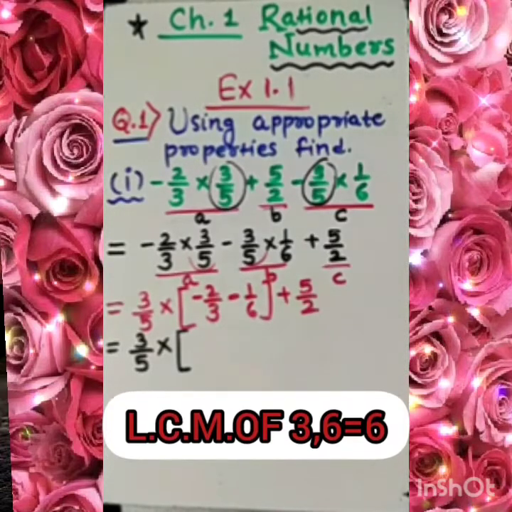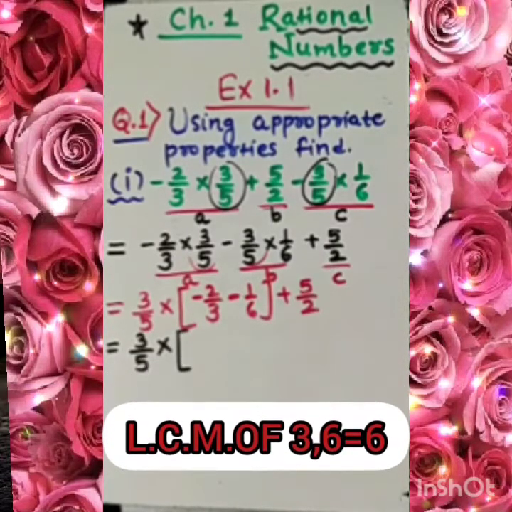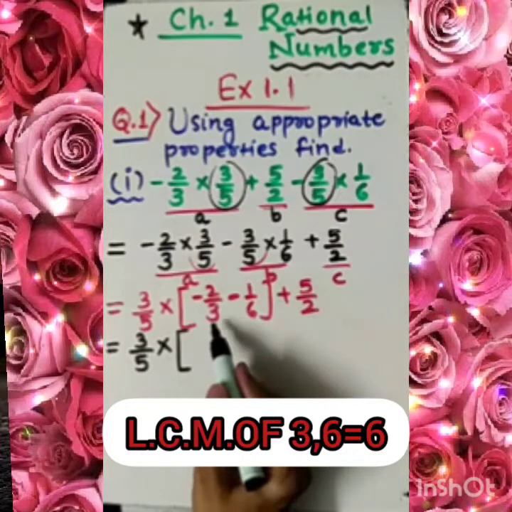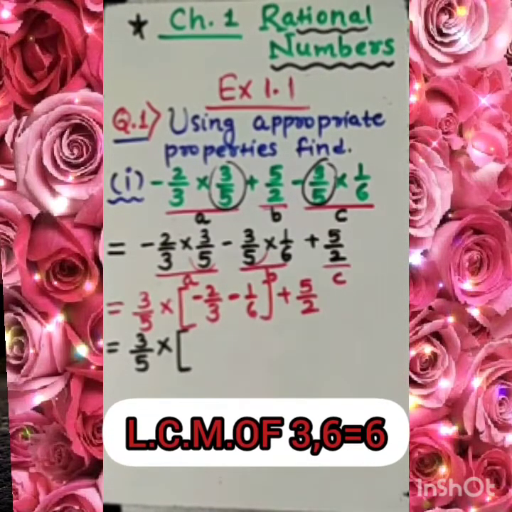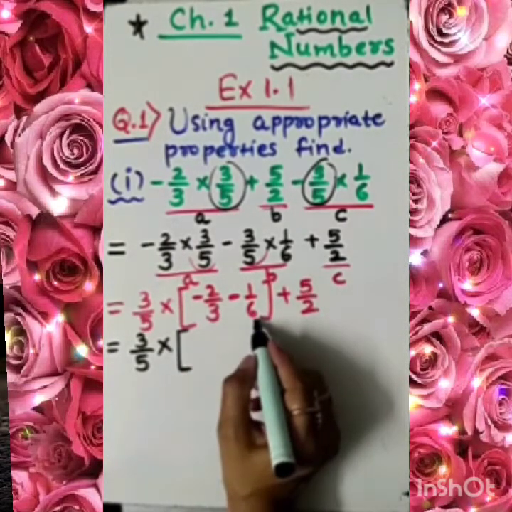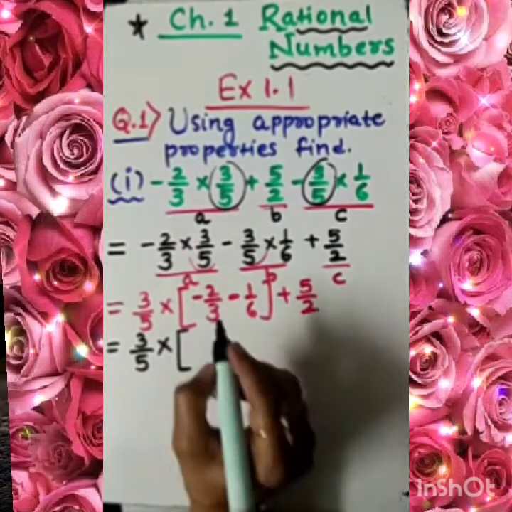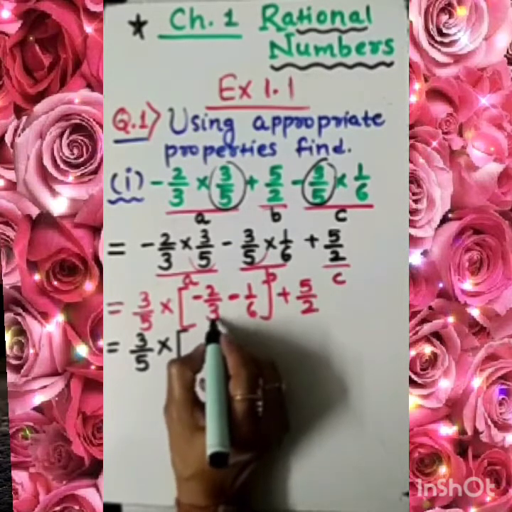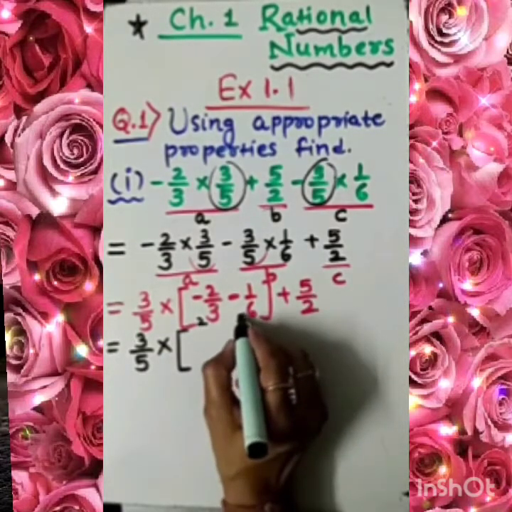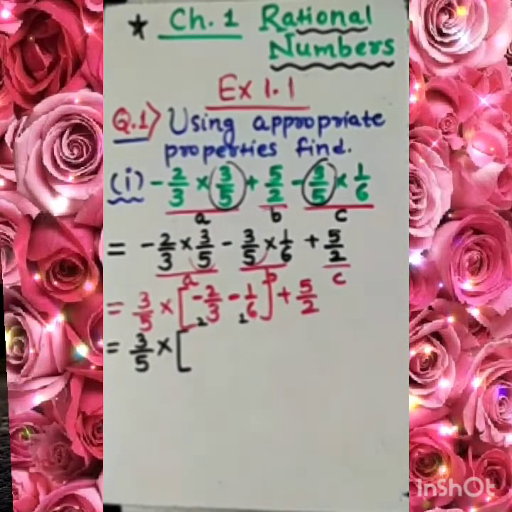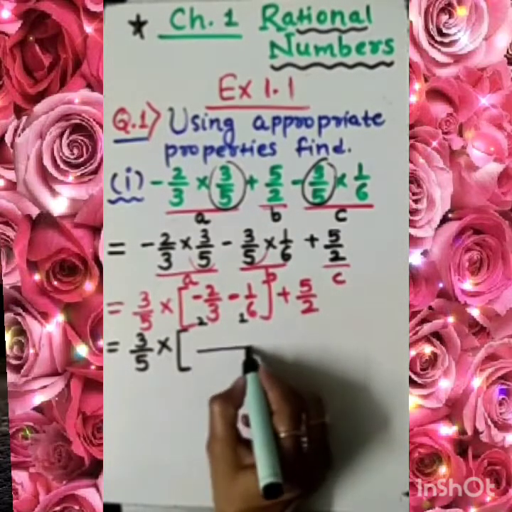As you know very well, if you find it in the rough column, the LCM of 3 and 6 will be 6. In small writing I am mentioning here, this 3 can be multiplied by 2 because 3 twos are 6, and 6 can be multiplied with 1 because 6 ones are 6. Clear? As the LCM is 6 here.